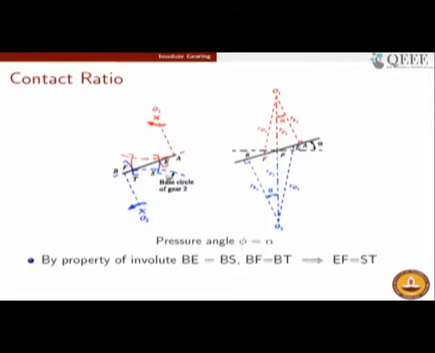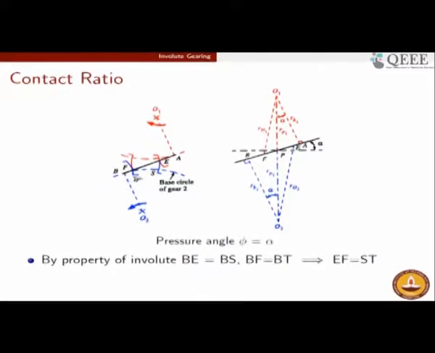So the BS portion of the string when wound up on the circle will conform to the BE portion of the string when it is unwound. As a result, BE has got to be equal to BS. Similarly, the BF portion of the unwound string has got to be equal to the BT portion of the wound string.